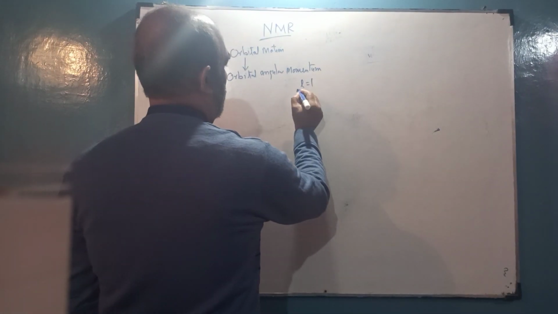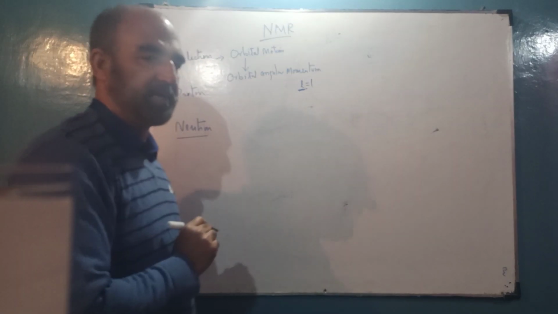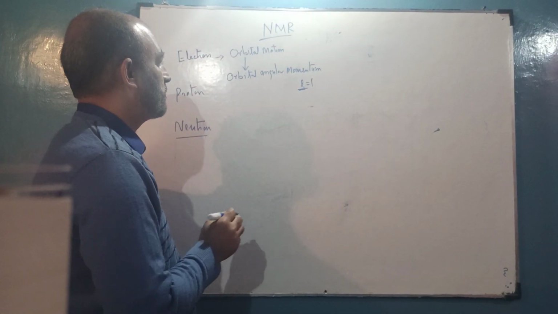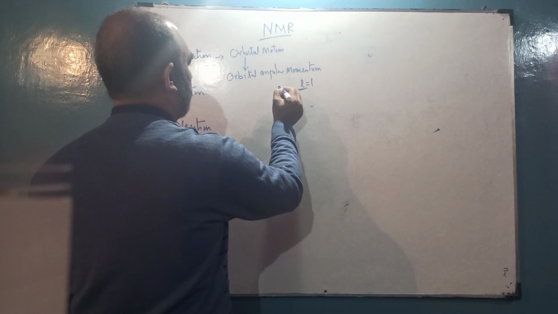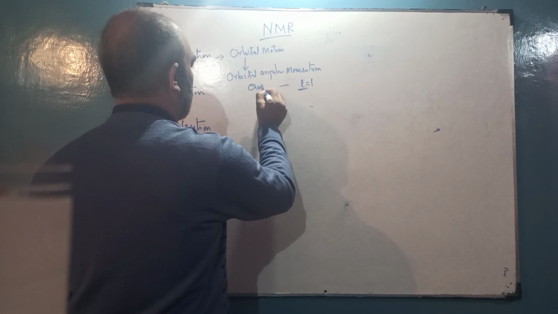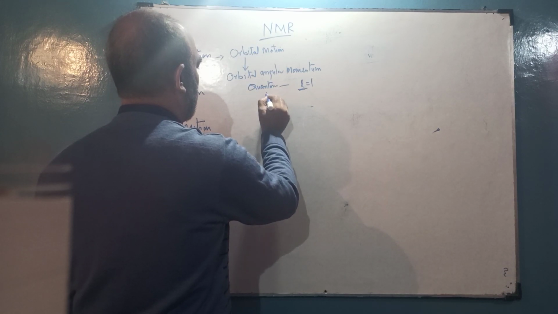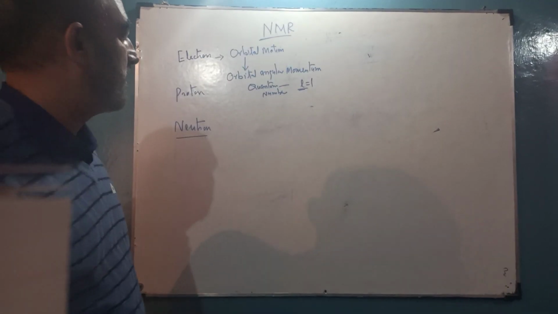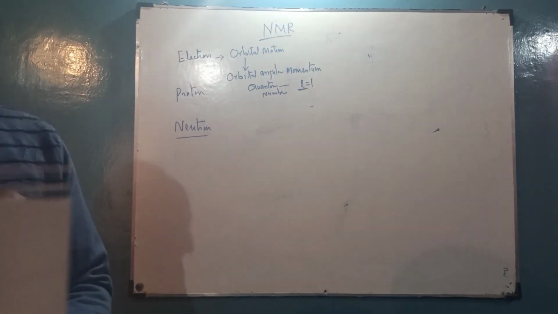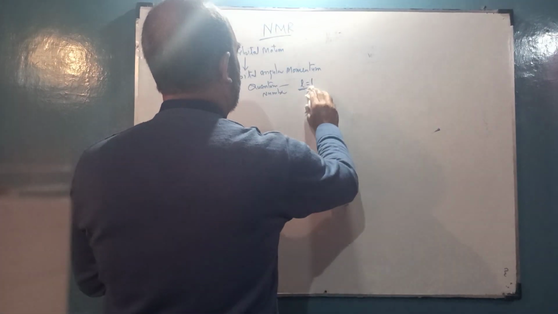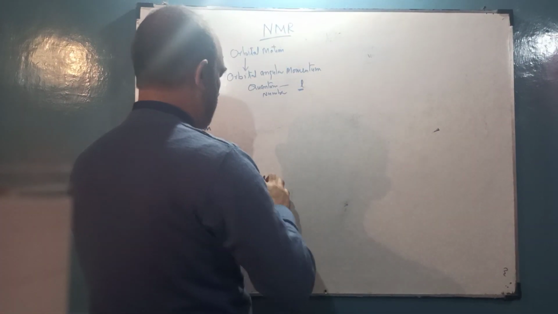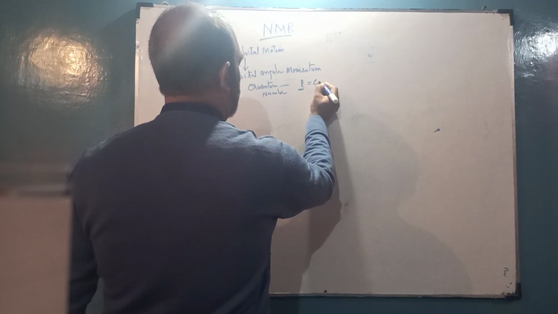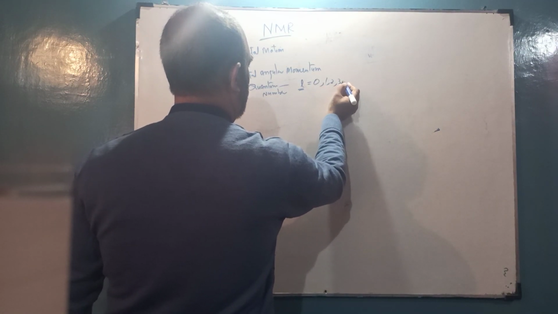So orbital angular momentum, we write this quantum number, the orbital angular momentum quantum number. This orbital angular momentum quantum number can have values 0, 1, 2, 3, 4.